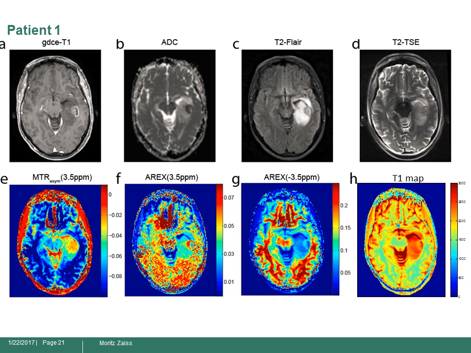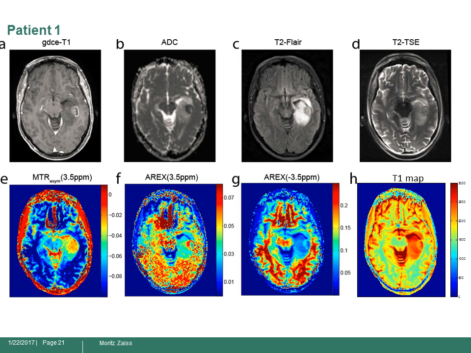And we see the relaxation compensated amide-CEST at 3.5 ppm, so AREX, and we see also the AREX of NOE at minus 3.5 ppm. And we also see the T1 map. So what you can see here is that we see something in MTR asymmetry, and we also see something in the AREX 3.5 ppm, but they are very different contrasts.